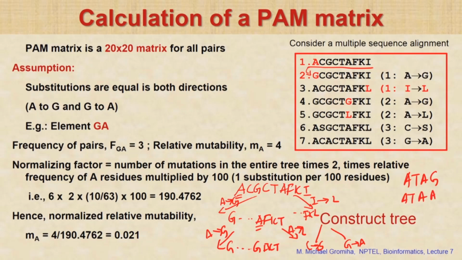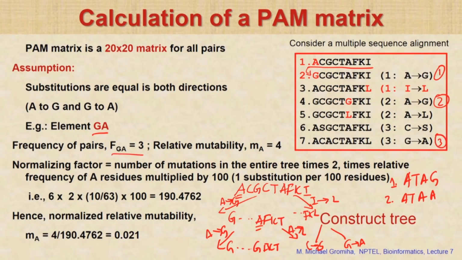If this is sequence 1 and this is sequence 2, this is G to A. If the second one is sequence 1 and the first one is sequence 2, then the mutation is A to G. So, we consider these substitutions equal in both directions, whether A to G or G to A. Take the element GA. How many mutations involved G and A? 1, 2, 3. So, F GA equals 3.